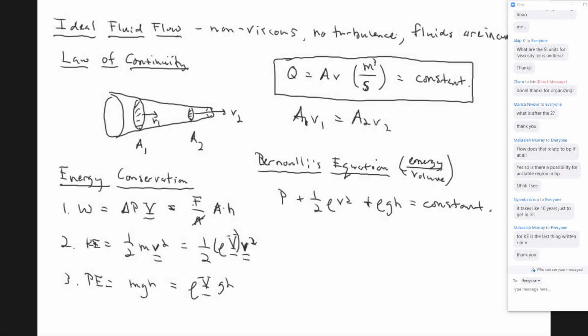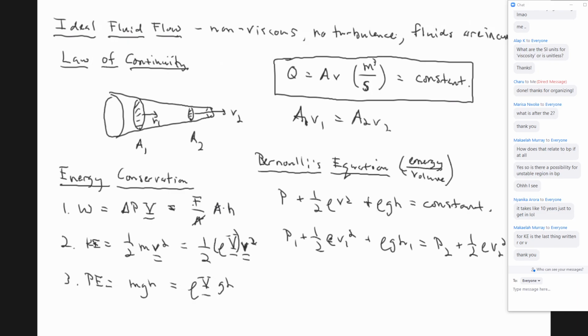So we get a lot of comparison questions where we go P1 plus 1/2 rho V1 squared plus rho GH1 is equal to pressure at the second point, at some point further down the fluidic channel, plus 1/2 rho V2 squared plus rho GH2, given the different velocity, different height in the fluidic channel. Remember, height is always measured from the ground because it's potential energy.